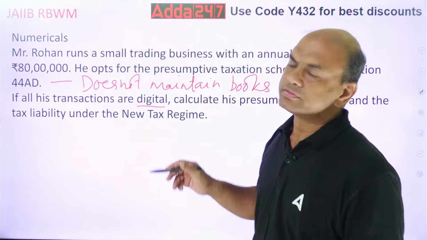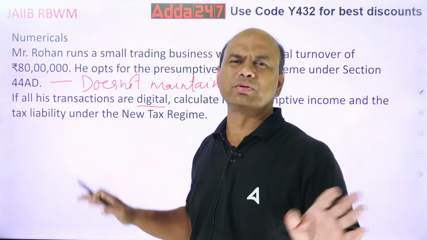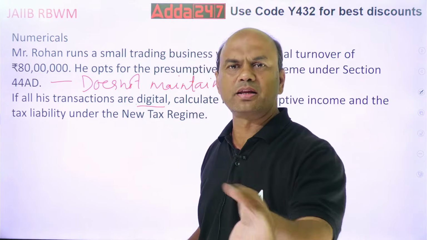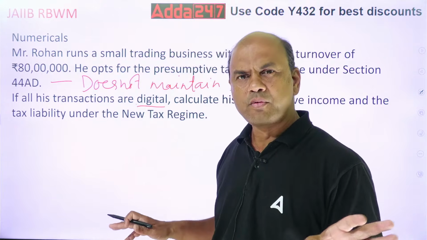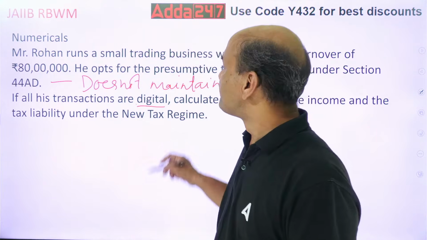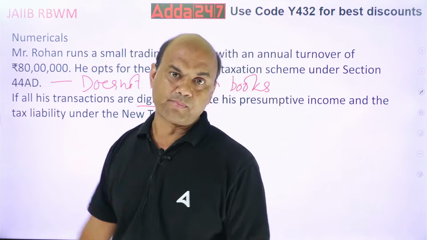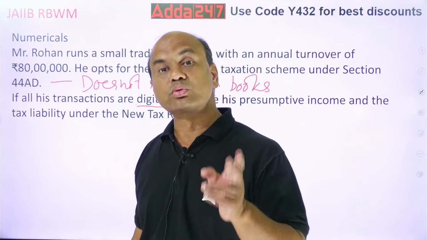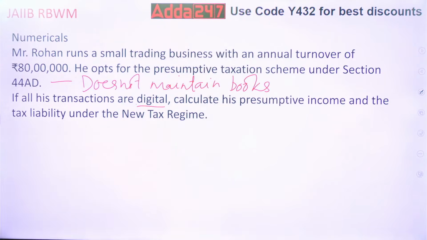So, if I am a small shopkeeper, I don't maintain any books, I'll just sell the material and get the money, that's it. I don't have any books. Books means ledger, nothing. So then I can file the tax return under 44 AD. And the limit is 2 crores. Okay, 44 AD limit is 2 crores.